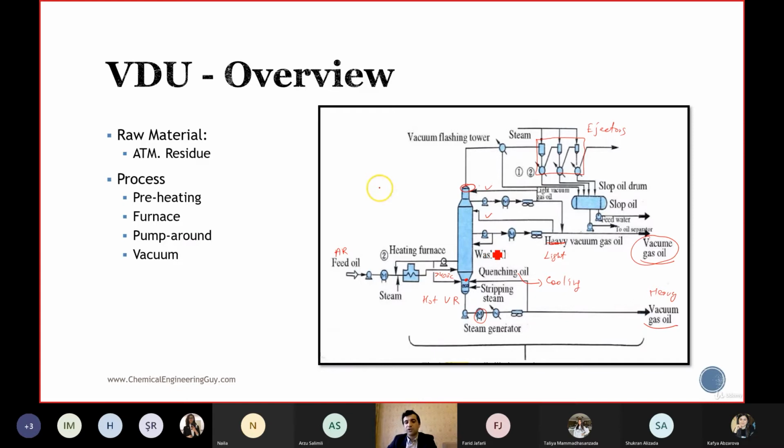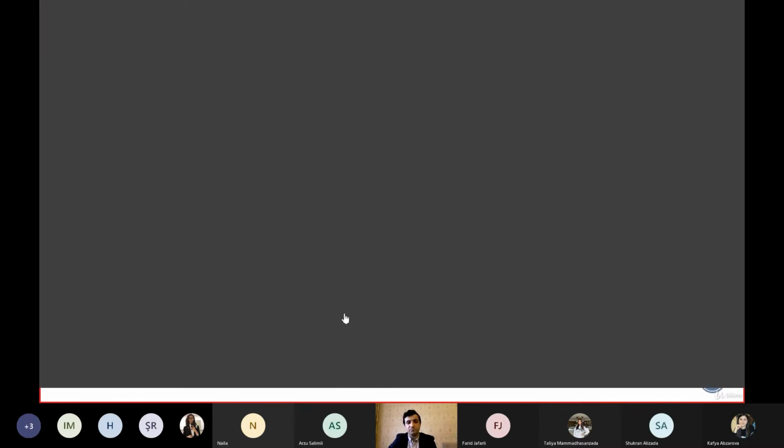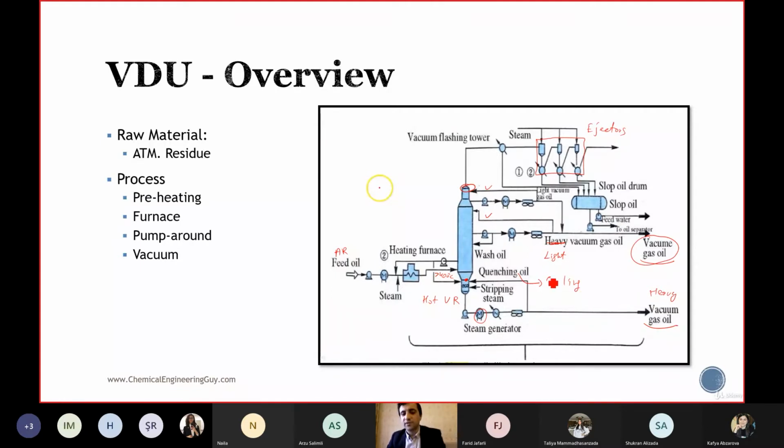However, you always try to keep the wash oil or reflux or the quenching oil flow rate at a minimum, because increasing the flow rates recycled back to the column increases your furnace duty, so increases the costs.